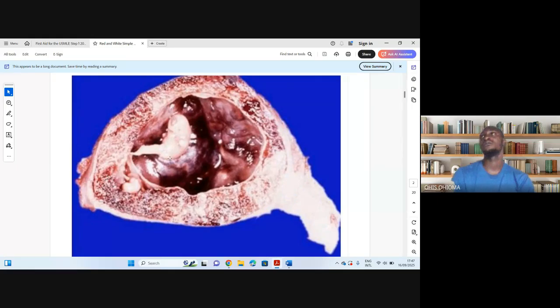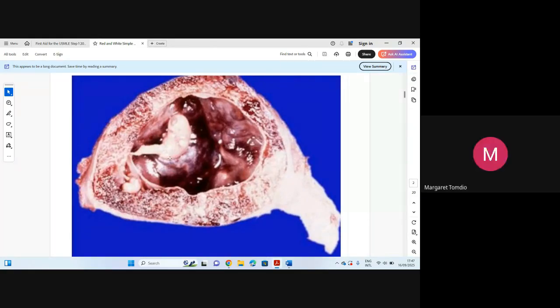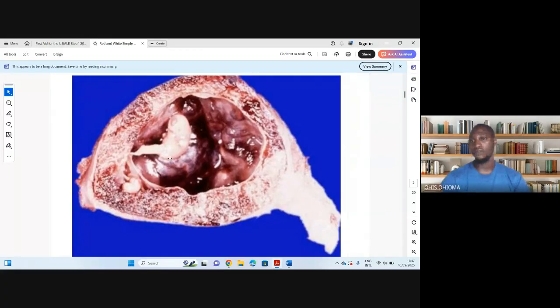PID, infection, surgery, or something like that. And so you need to know the commonest. PID, exactly. PID is the commonest risk factor for ectopic pregnancy.